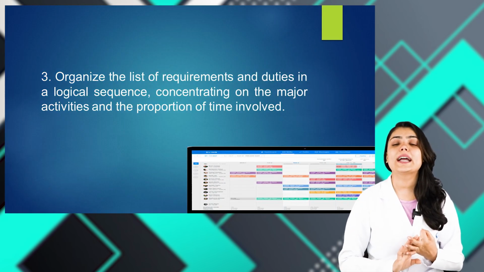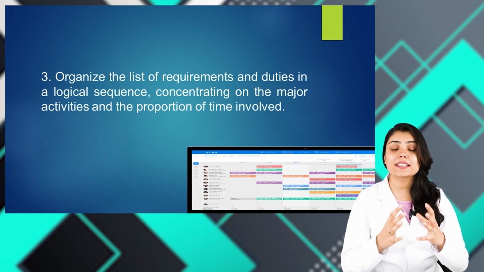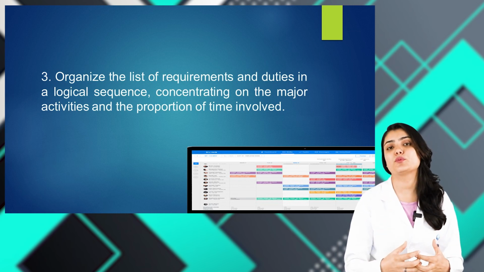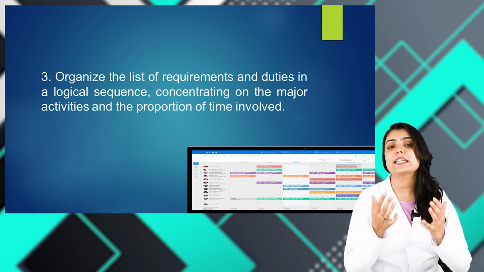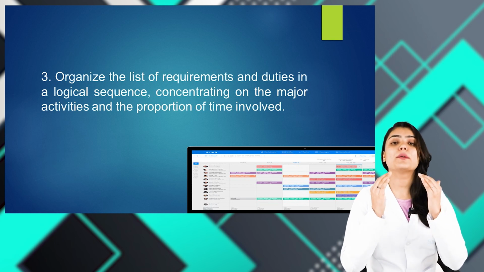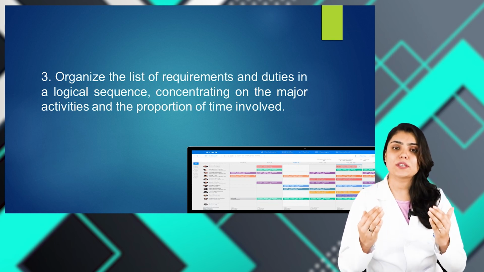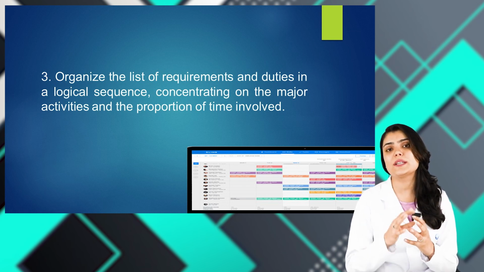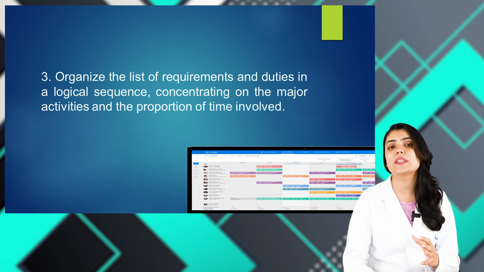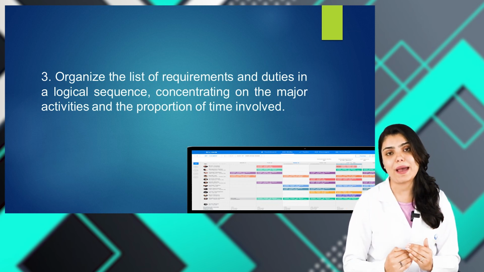The third important guideline is that the activities and responsibilities to be carried out by the employee must be organized in a proper manner, with the major responsibilities written at the top, arranged in a logical manner.